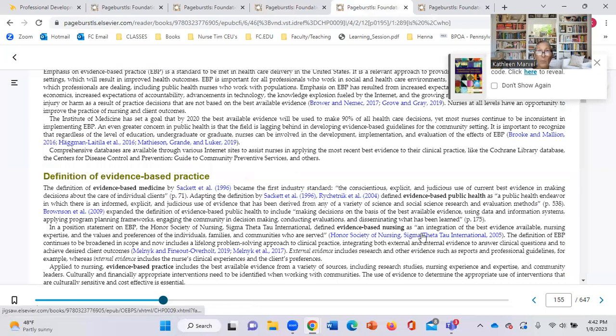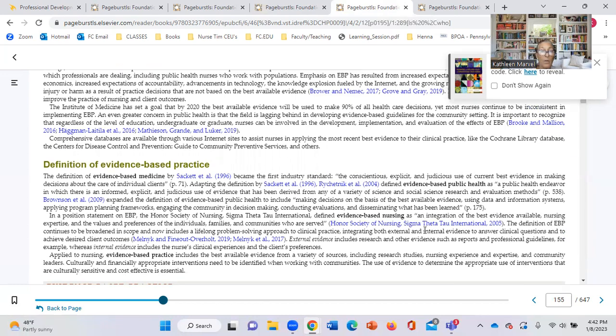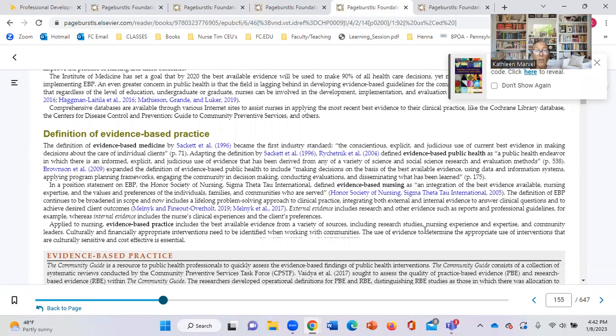We all know what evidence-based practice is, right? It's best practice. As nurses, we use the best evidence, the best research, the best knowledge, the best clinical competencies we have to provide top-notch care to our patients. We use the best knowledge in making our decisions about individual clients.